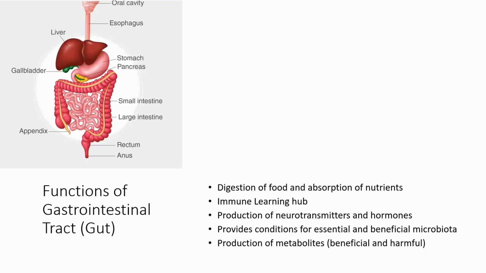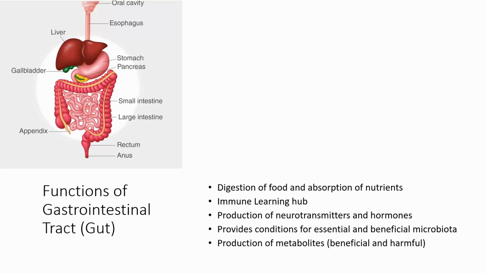It also provides essential and beneficial microbiota. So it's the environment of multiple bacteria, 100 trillion bacteria in our large intestines only, and within these, up to even more than 2,000 species.